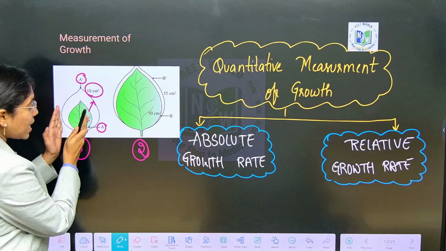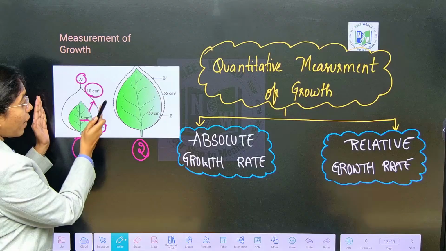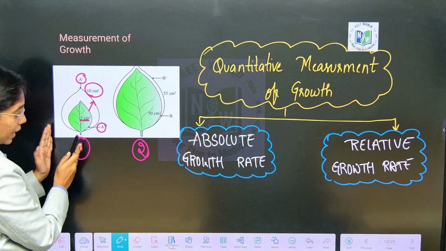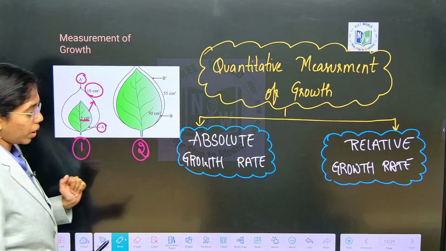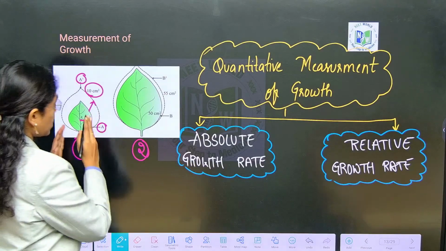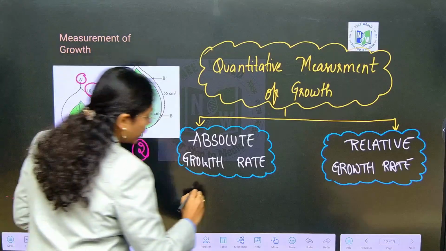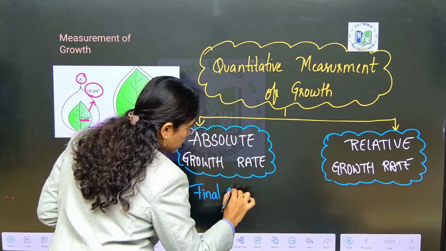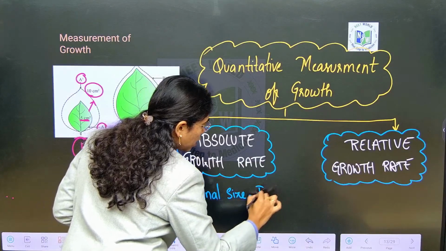So initial size is 5 centimeter square and the final size is 10 centimeter square. For the first leaf, the absolute growth rate formula will be final size minus initial size.